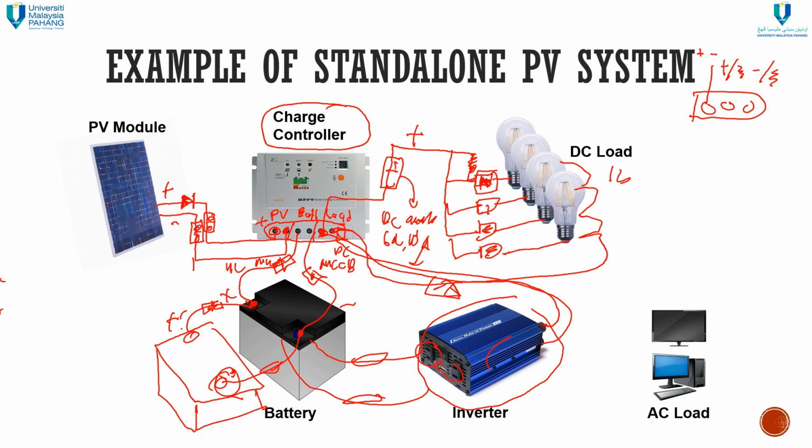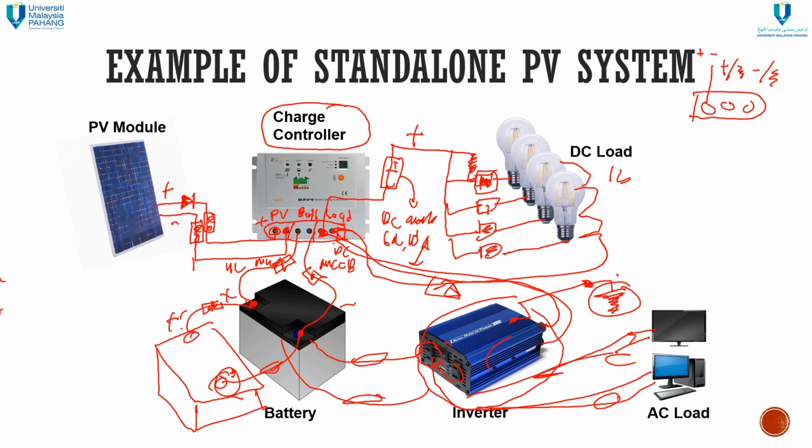Sometimes they have appliances, so you can directly use them for your AC load, plus and negative. And the inverter also sometimes has a cable or section for grounding, so that one you directly connect to the ground. Usually they have a proper one, they have the earthing concept. This one also you can put a switch.